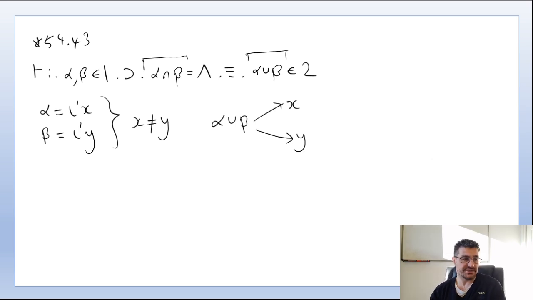So, since the logical sum of alpha and beta is a class with exactly two members, it is a member of the class defined as 2. 2 is defined to be the class of classes of a particular type which have exactly two members.